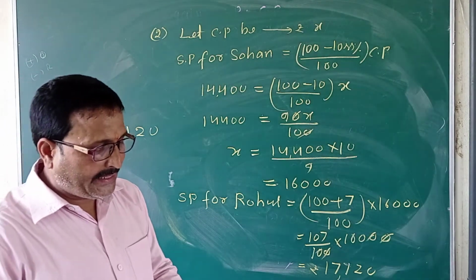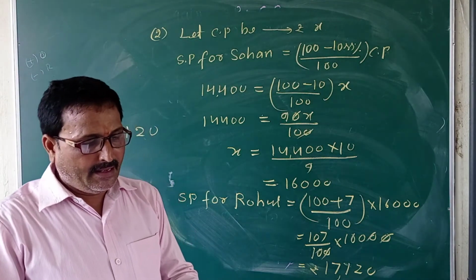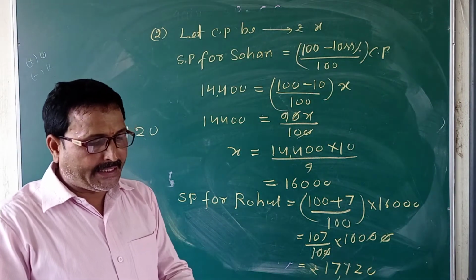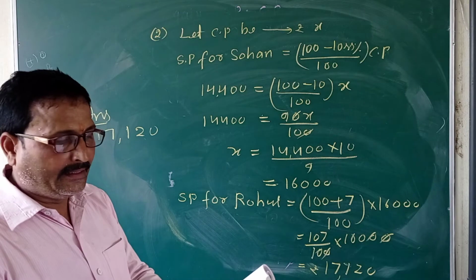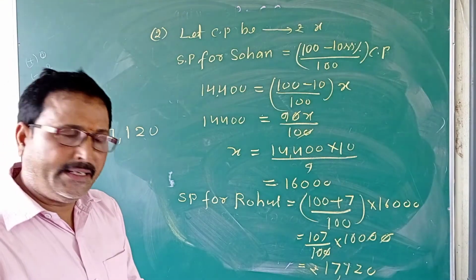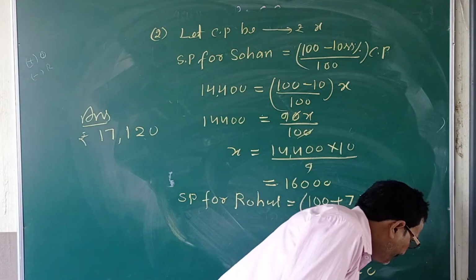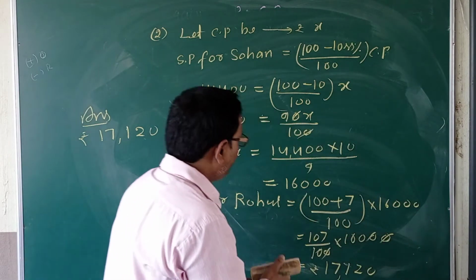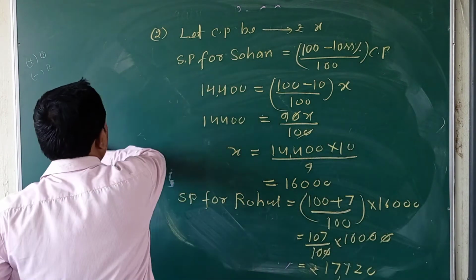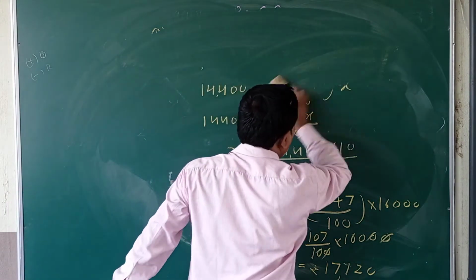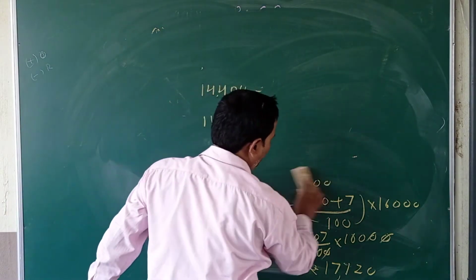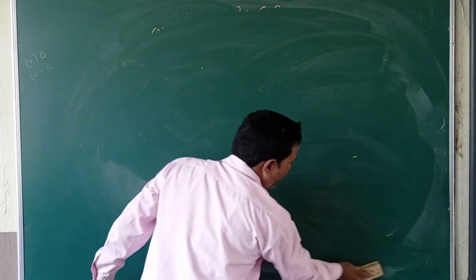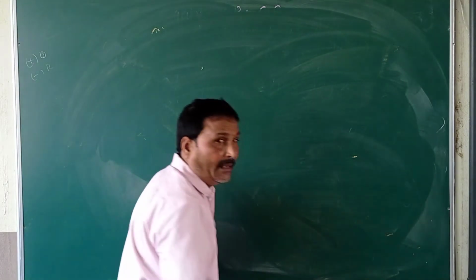Calculate the SP of 100 gram of gold for the goldsmith, and the SP of 100 gram of gold for the wholesaler if his profit is 8%. Now see the question. I will try to explain, but it is my suggestion that you also try to solve example questions.